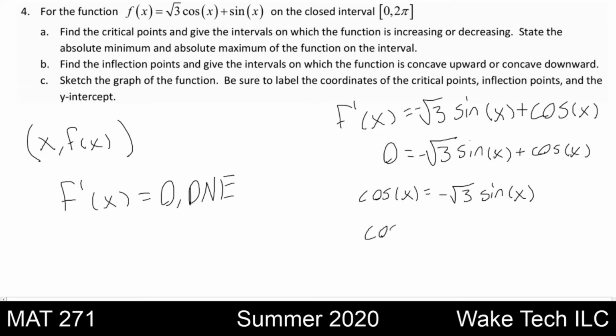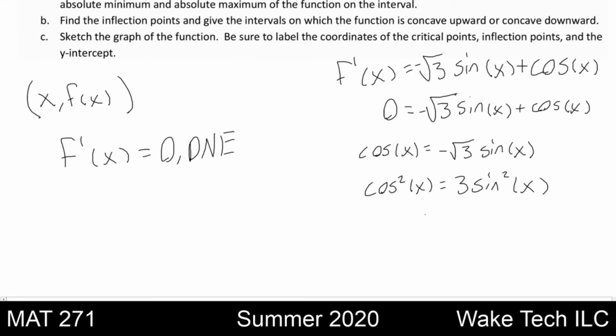We have cosine squared of x is equal to 3 sine squared of x. Change either the sine into cosine or the cosines into sines. Notice that's easier now that they're squared and we have that regular relationship that cosine squared plus sine squared is equal to 1. So in other words, cosine squared is equal to 1 minus sine squared.